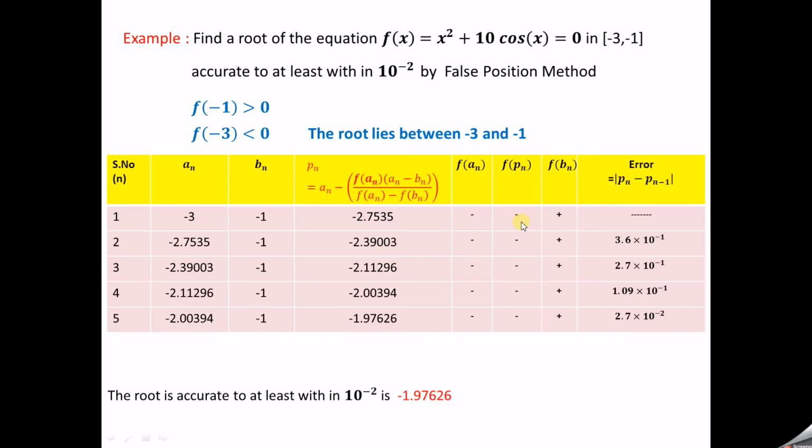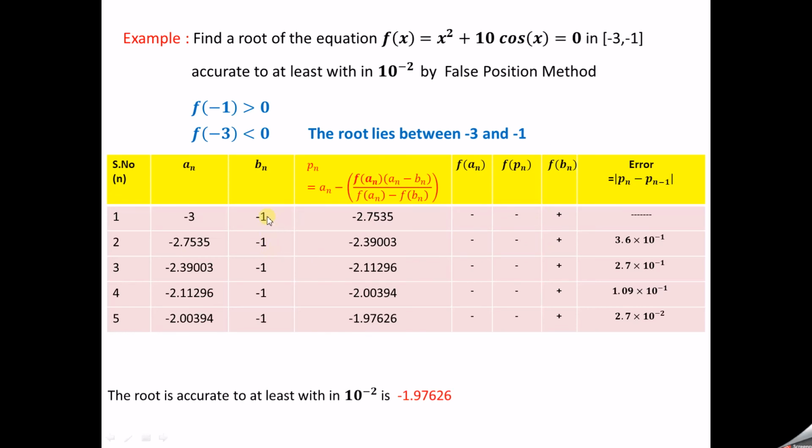So the root lies now between p1 and b1, because negative to positive. So the new interval where the root lies will be p1 and b1. This p value will be the new lower limit, and the upper limit will be the same as the previous b value.